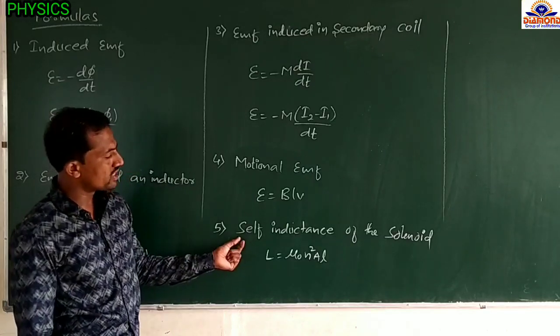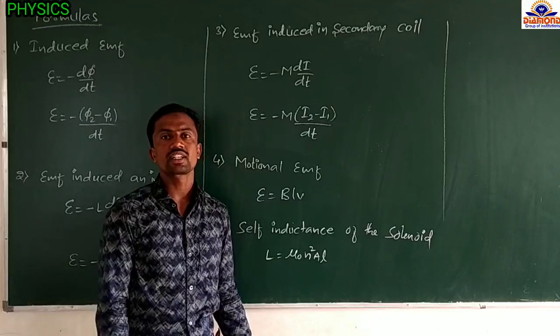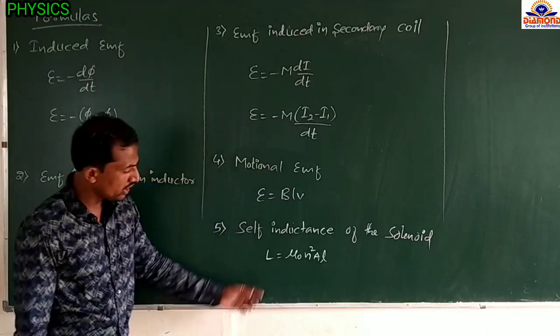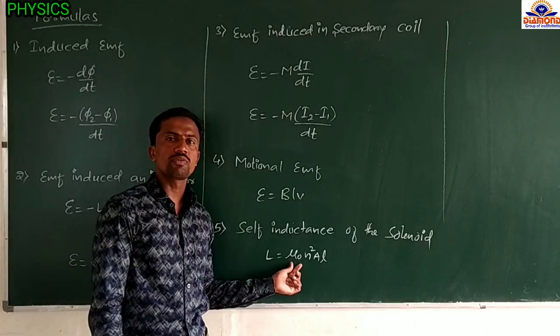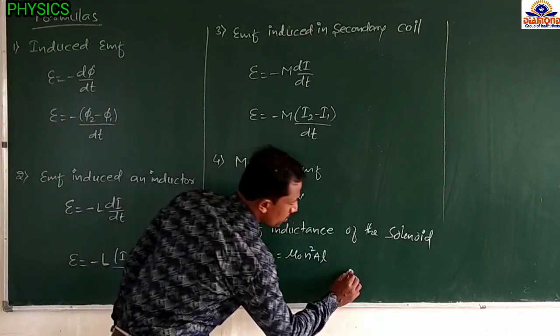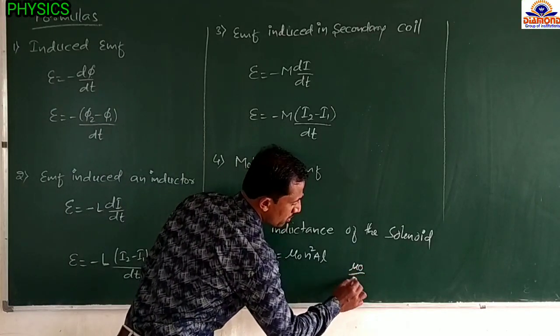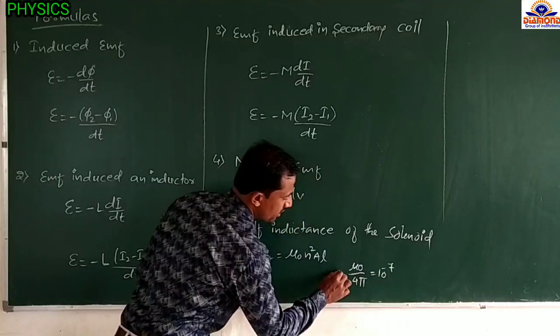Then next, self inductance of the solenoid. L is self inductance, mu naught is the constant of proportionality. In the fourth chapter we discussed mu naught by 4 pi equals 10 to the power of minus 7.